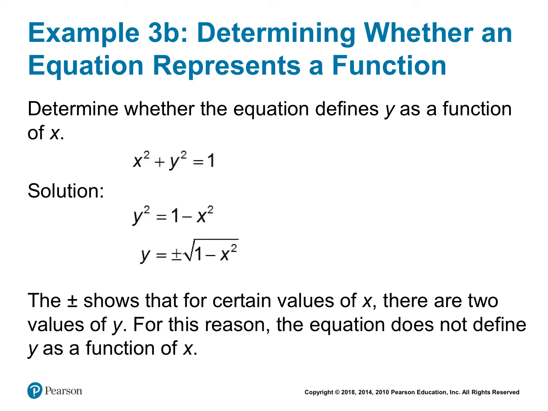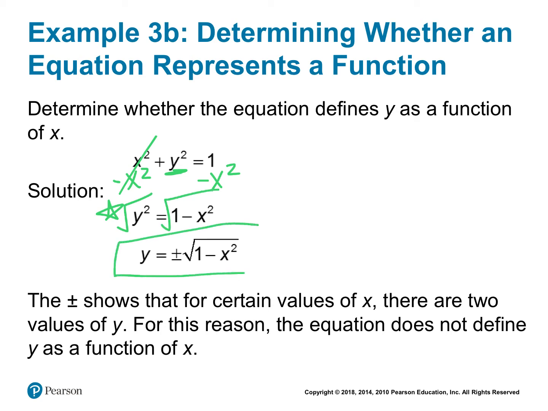Okay, so here's another example. So if we tried solving this one for y, to get the y by itself, you would first subtract the x squared, which is how we got this line. So we're left with y squared equals 1 minus x squared. Then to undo that squared, we're going to take the square root of both sides, which is how we get this answer.